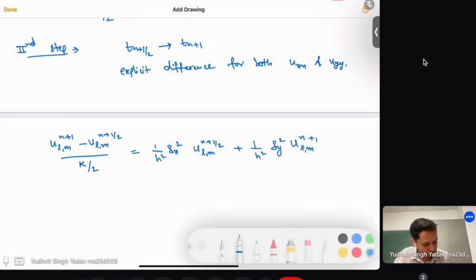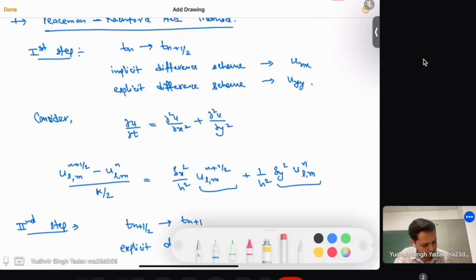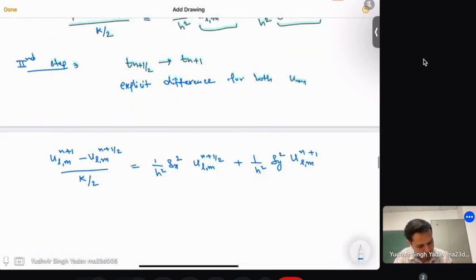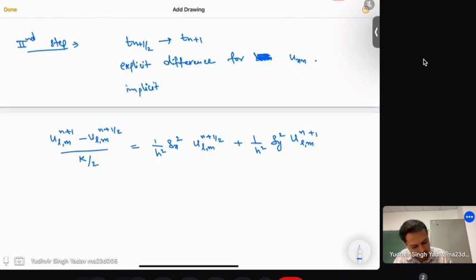I have made a mistake here: in this case we do it in the reverse manner, using the explicit difference for Uxx and the implicit difference for Uyy.